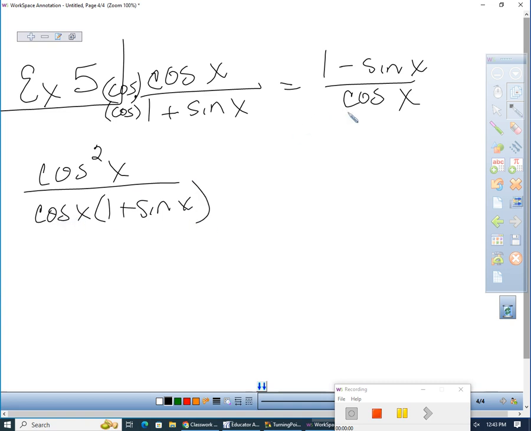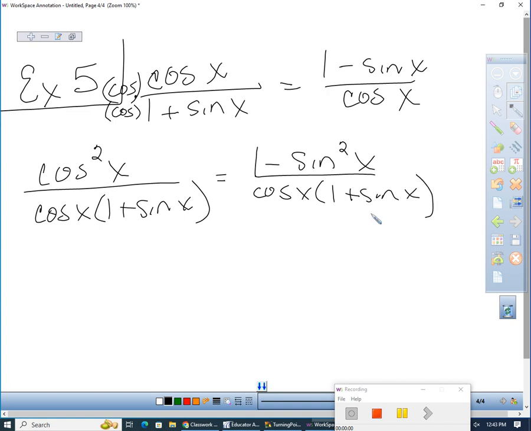All right, so now I have a cosine that goes there. Tell me about the top for a second. What can I change that out for? Yeah, 1 minus sine squared x over cosine x times 1 plus sine x. So, we're getting closer. What can I do with the top? Difference of squares. Thank you, Michael.